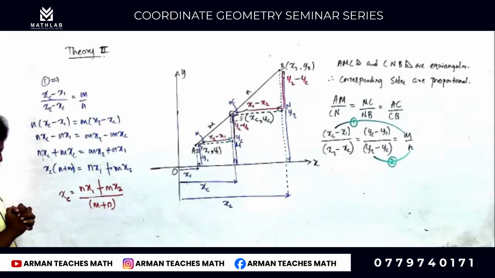So what's the second theory's goal? If a point divides a straight line segment internally, how to calculate the x coordinate and the y coordinate of that point. Basically calculating the coordinates of that point.